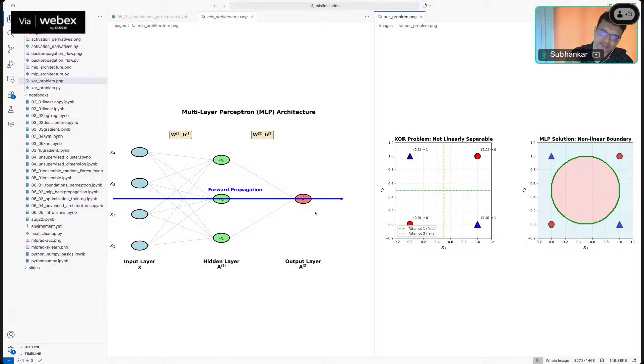So H3, H2, and H1 also get the second layer weights: W1 superscript 2, W2 superscript 2, W3 superscript 2. They take the inputs coming from H3, H2, and H1, combined plus the bias. Then you apply an activation function, let's say ReLU, and then there will be an output function. So this is how a multi-layer perceptron looks, and this is the XOR problem that we are trying to solve.